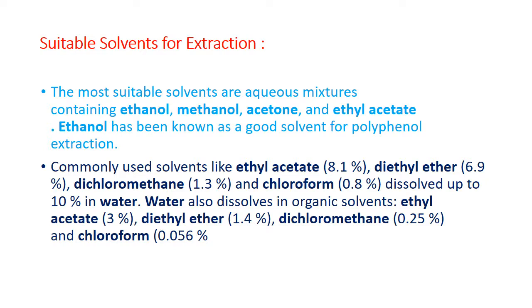Water also dissolves in organic solvents, but not up to 100%; water is very slightly soluble in organic solvents. In ethyl acetate, 3% soluble, diethyl ether 1.4% soluble, dichloromethane 0.25%, and for chloroform the percentage is 0.56%. These are the suitable solvents which are used in extraction.